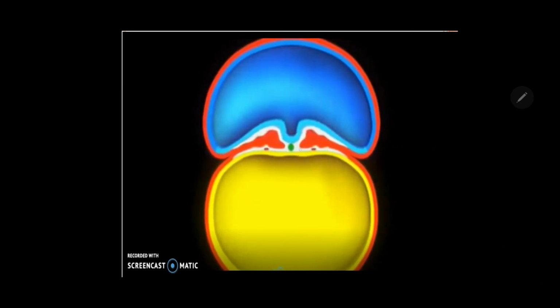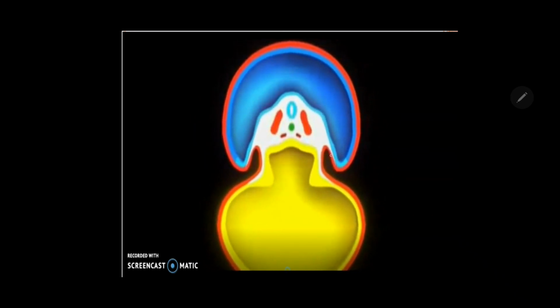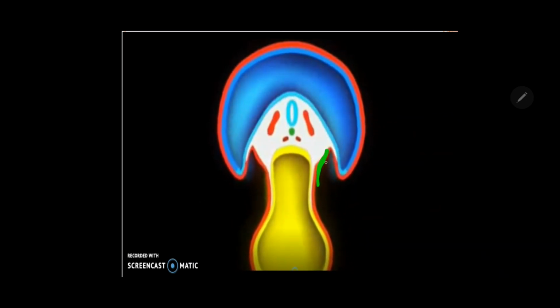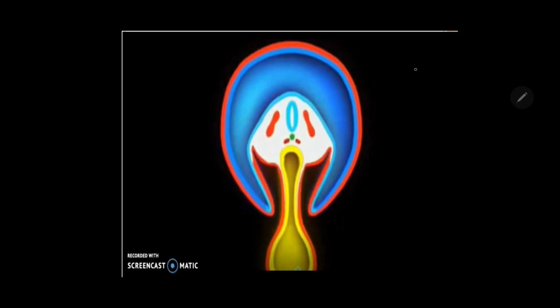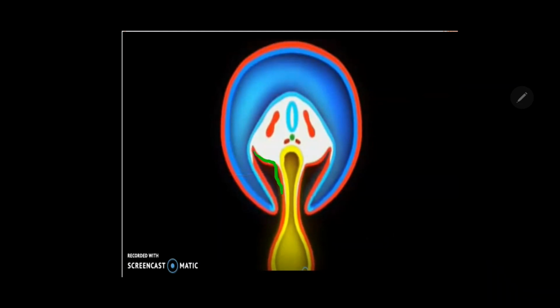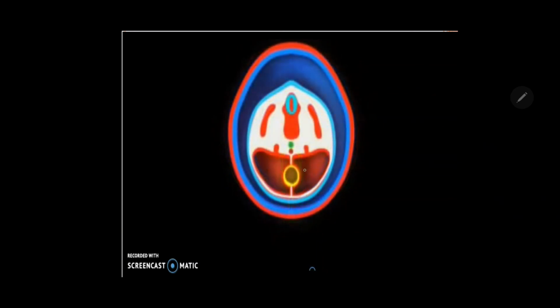Yes, this is again the formation of neural tube and all, and you can see here how the lateral plate mesoderm will split to form this splanchnopleuric layer and somatopleuric layer. You can notice here, this is the splanchnopleuric layer which covers the part, and somatopleuric layer. So this is how the body cavity, the intraembryonic coelom, is formed.